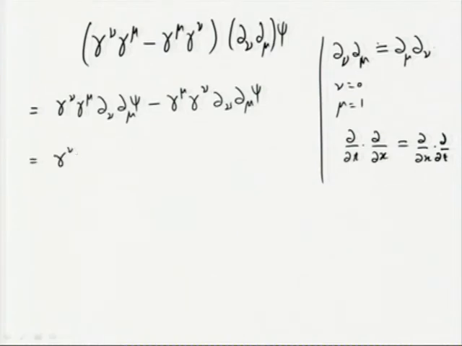Now, let me leave the first term as it is, but interchange μ and ν. Let me leave μ and ν as they are, but since we have ∂_μ ∂_ν equal to ∂_ν ∂_μ, I can write this as ∂_μ ∂_ν ψ.